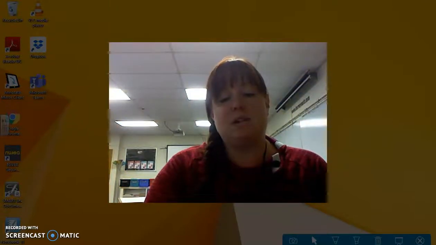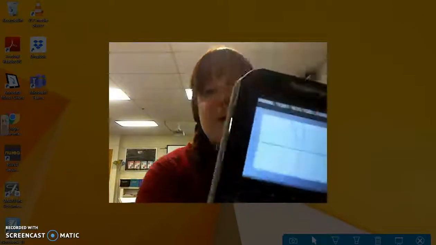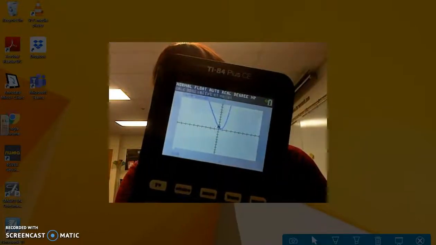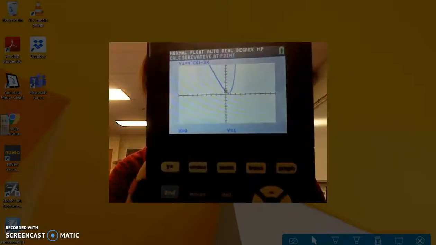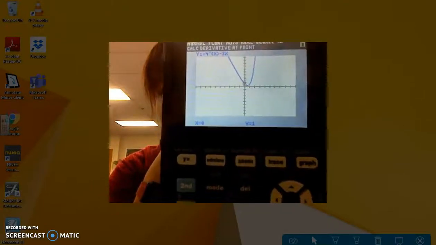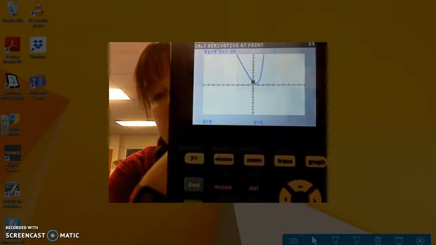Okay, so find f prime. So we're going to go second, calculate, and we're going to go down to derivative. Second, calculate, and it says calculate the derivative at a point, and we want to calculate it at 3.